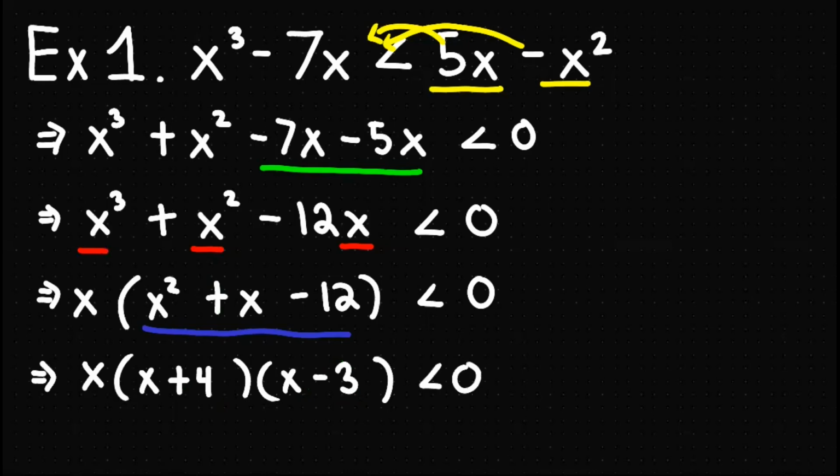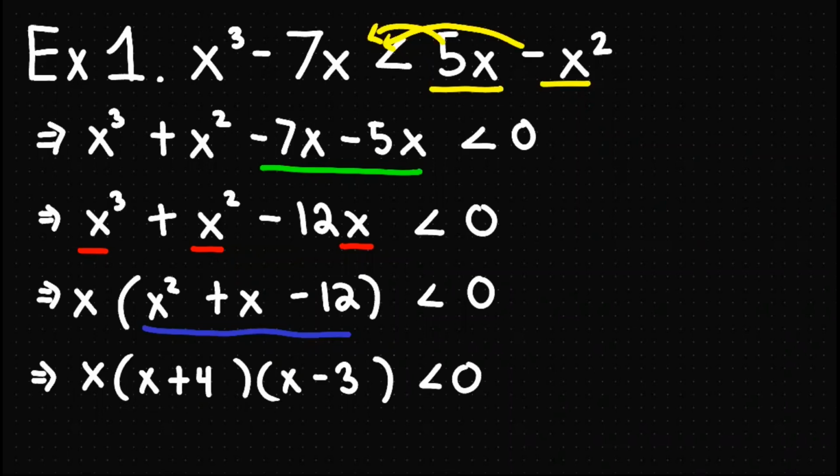And from here, since we have already factored the given polynomial into its linear factors, indeed these are linear since the degree of these factors are all 1, we can now get the critical point for this one.